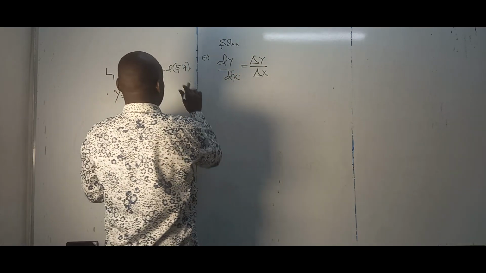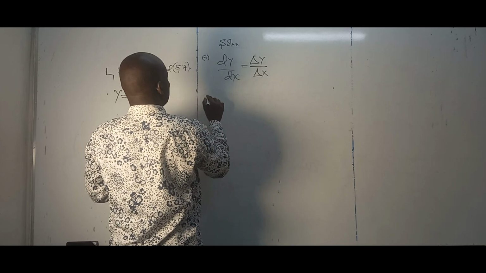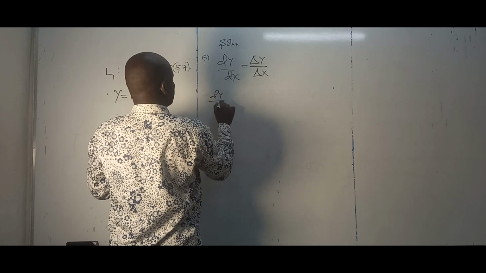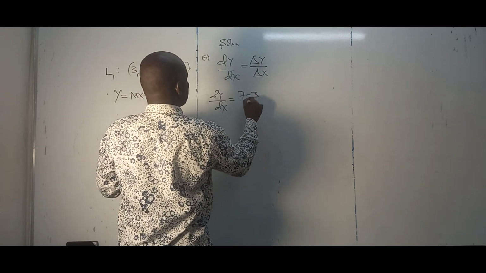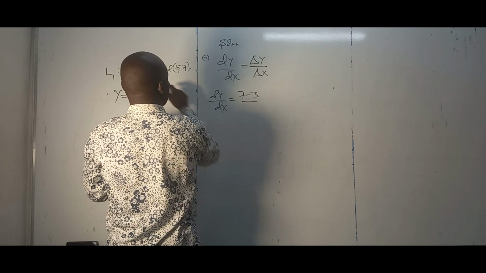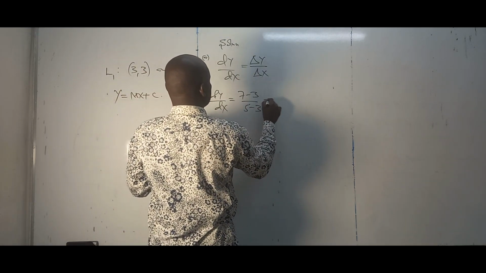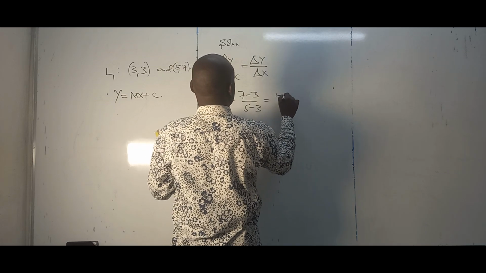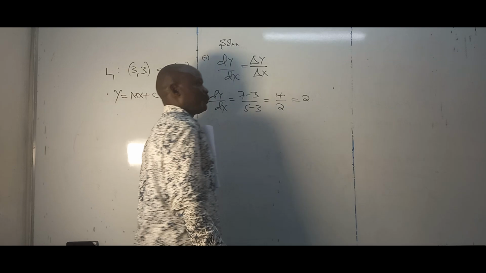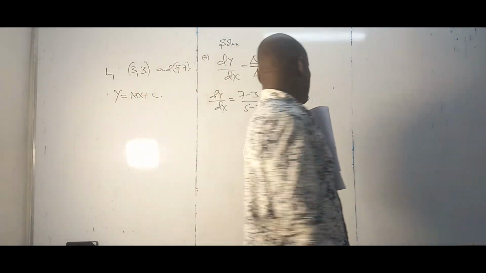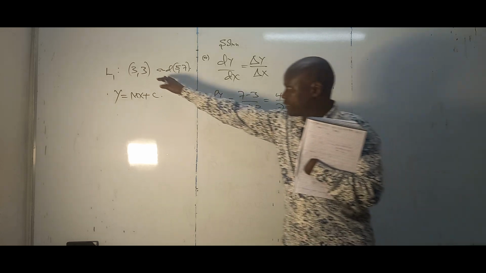So dy/dx is equal to (7 - 3)/(5 - 3), and that gives me 4/2, which is 2. So this is the gradient of this line.